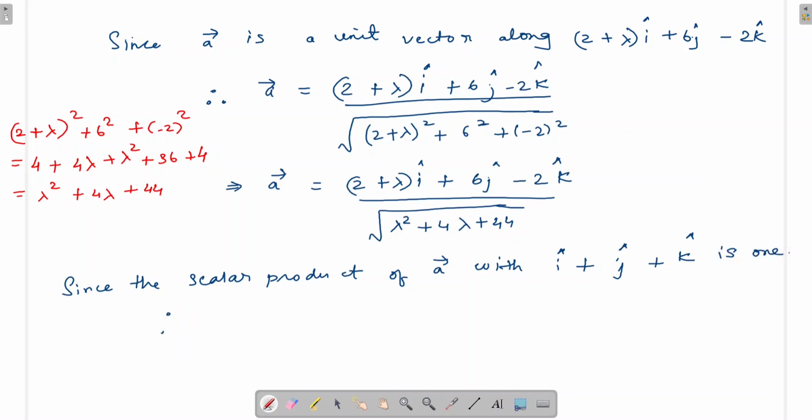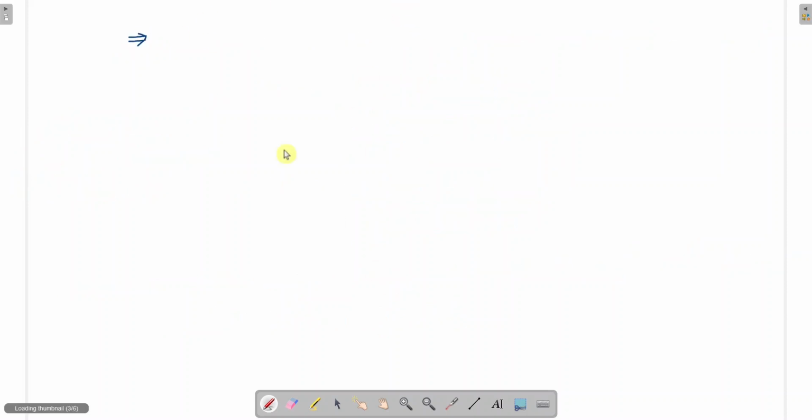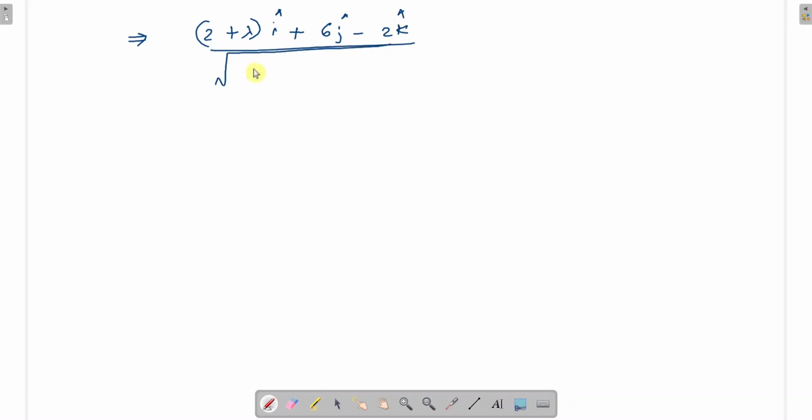Therefore a bar dot i cap plus j cap plus k cap equals 1, where a bar is 2 plus lambda i cap plus 6 j cap minus 2 k cap divided by the root of lambda square plus 4 lambda plus 44.